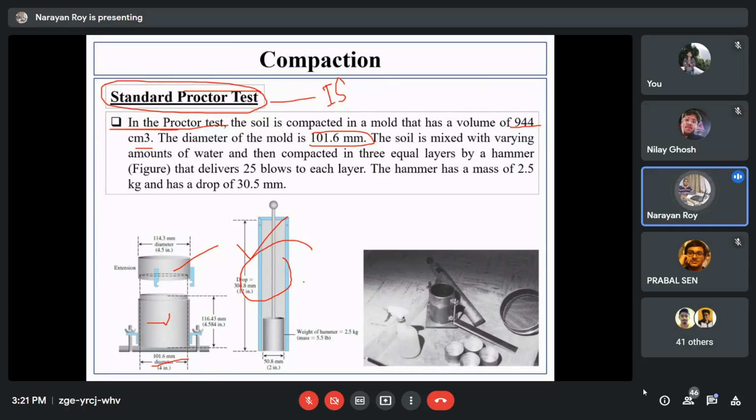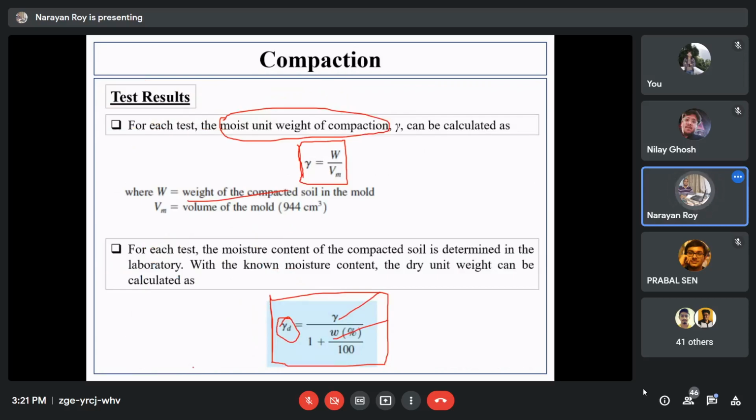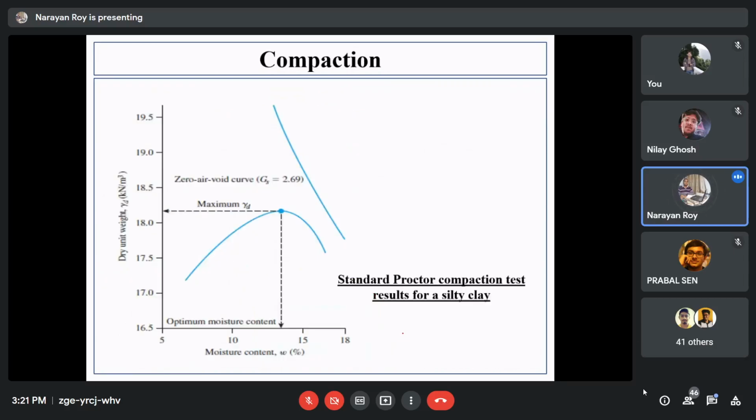If you repeat this calculation, you will get another set of gamma D and water content. If you repeat the test 3 or 4 times, you will be able to form this kind of compaction graph.